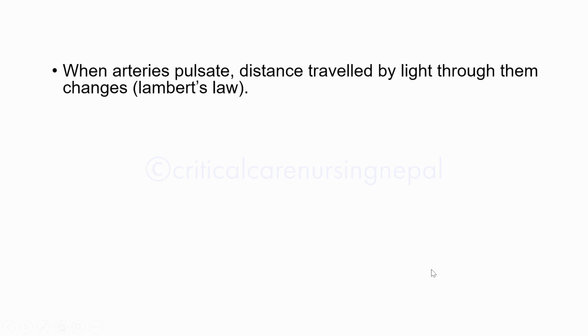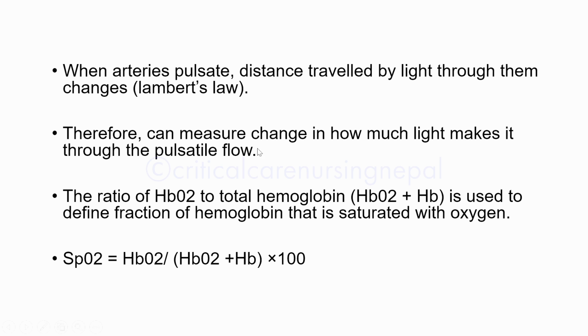Okay, so when the artery pulsates, the distance traveled by the light through it changes. That is based on the Lambert law. Therefore, it can measure changes in how much light passes through the pulsatile vessel. In pulse oximetry, the path length changes with each beat because the artery expands.